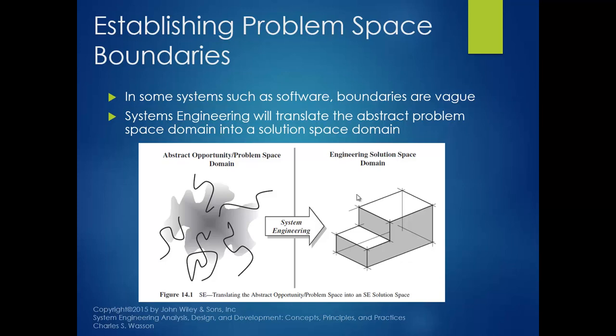So what we did, we translated that vague environment or boundaries to more defined boundaries that can be understood by system engineers, by developers, and assist in finding the proper solution space.